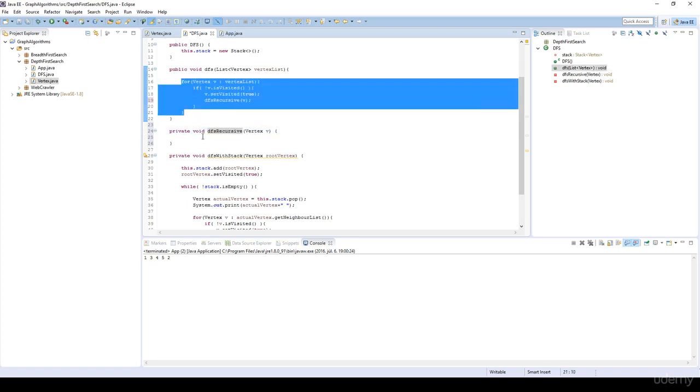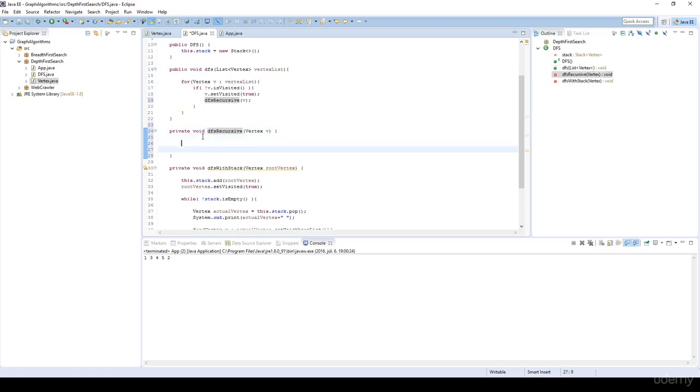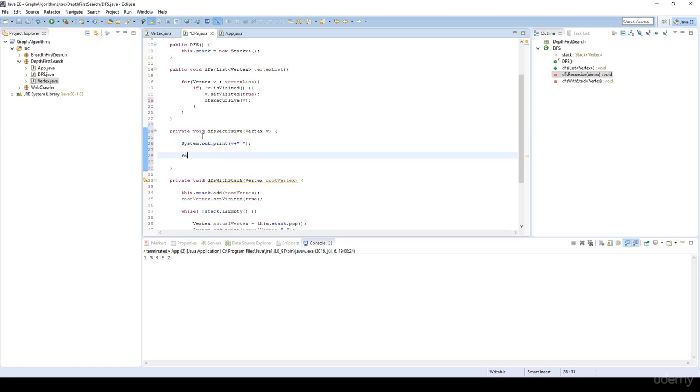use something like this. Okay, so first I'm going to system out println the v vertex plus some spacing. We have to consider all the neighbors of this given vertex. So vertex v dot get neighbor list.